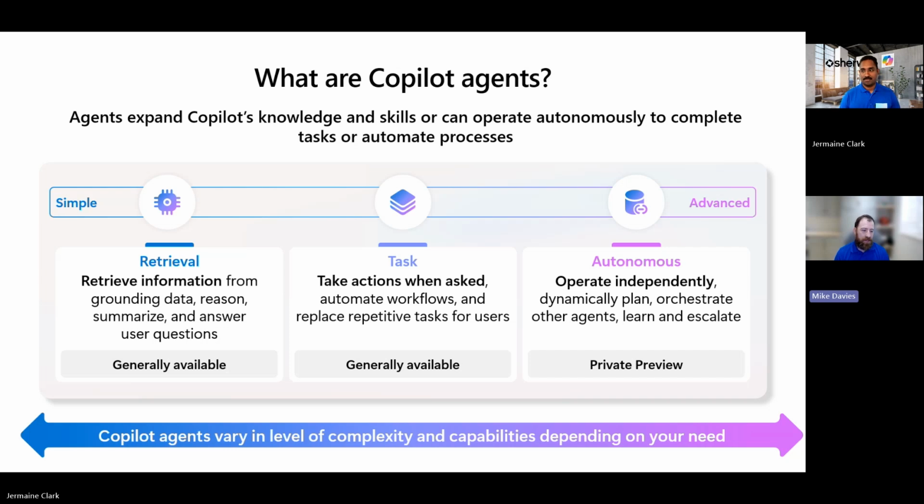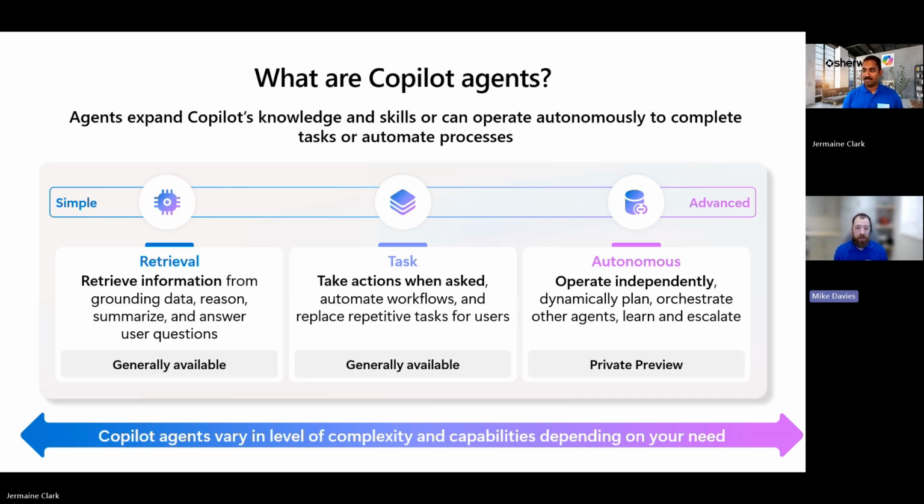Whether that's an HR bot that goes in and retrieves information from your HR policy documents or something along those lines, that's an agent at its simplest, helping you find information faster and summarize what's already been done and what exists within your environment. This is a really easy, very simple way to allow people to be more effective at finding information within your organization.